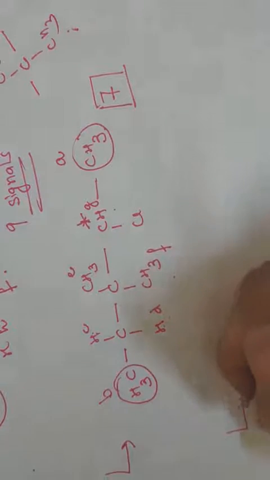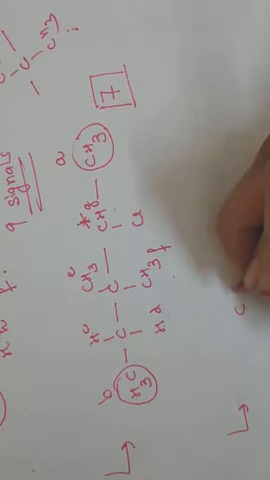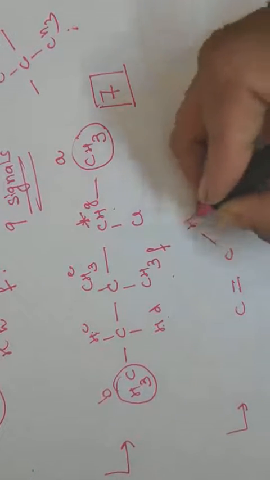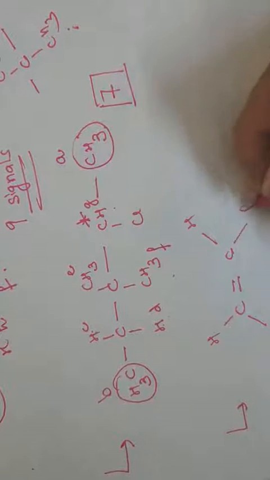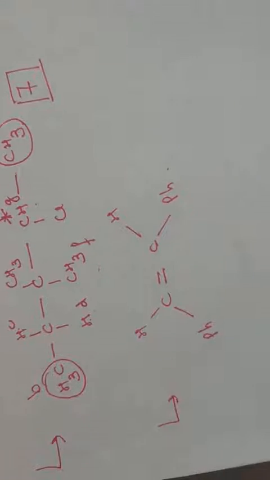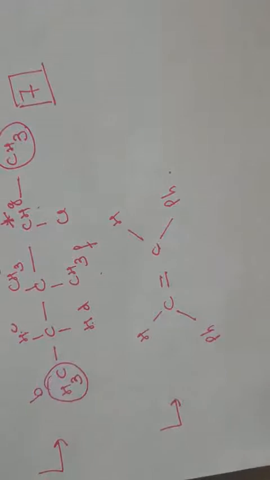Now the next, carbon double bond carbon, H, H, this is phenyl, this phenyl. So there is a plane of symmetry present in the molecule, dividing it into 2 equal halves.